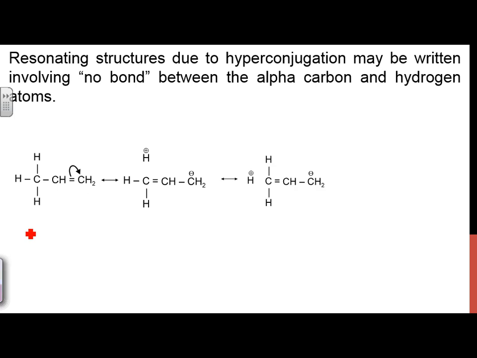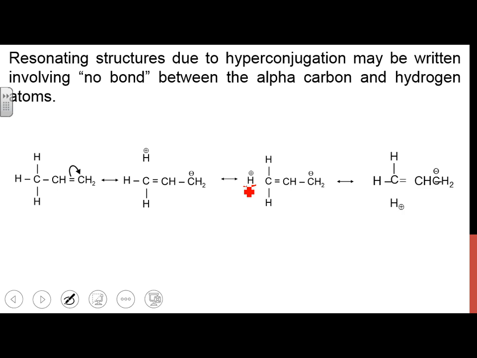See here, this hydrogen has given this electron pair, and it is also possible that other hydrogen can give the electron pair. Since there are 3 alpha hydrogen, we can have hyperconjugation 3 times. As many alpha hydrogens are there, that many hyperconjugation we do have.